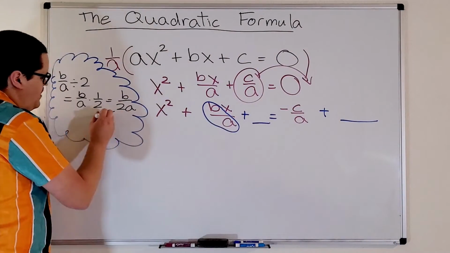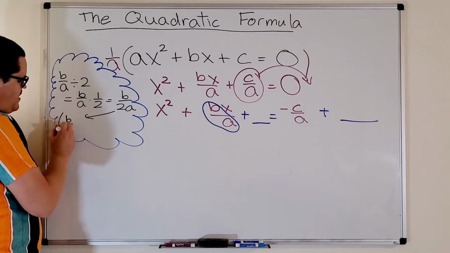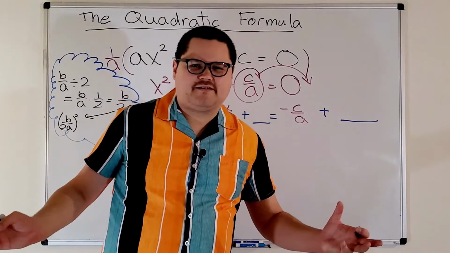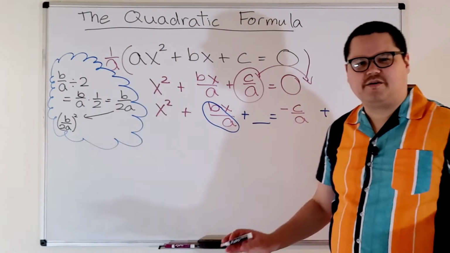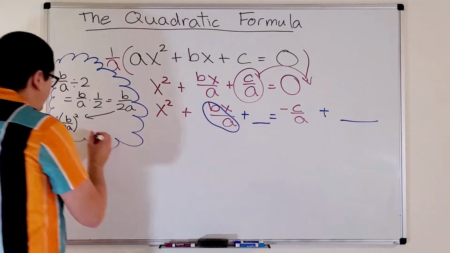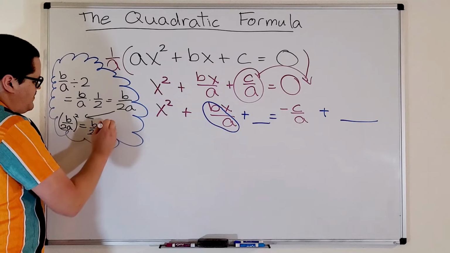So take b over 2a, and we square it. Well, what's that? That looks really confusing. Just remember, when you square something, you multiply it by itself. So this just means b over 2a times b over 2a.